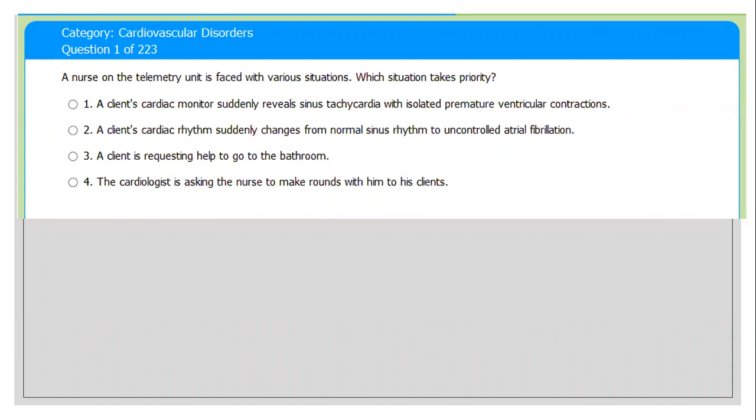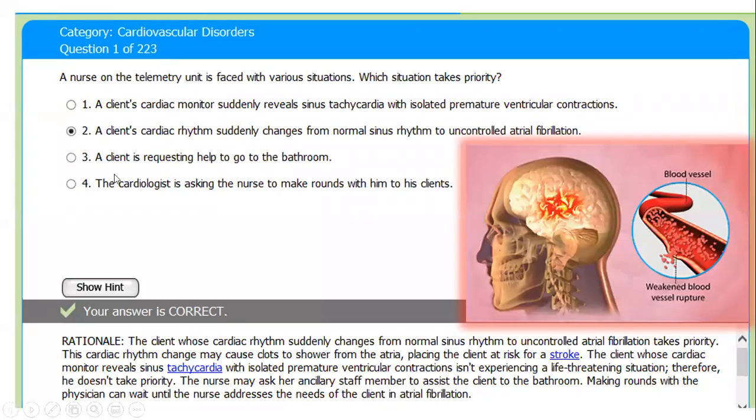What is the normal heart rhythm originating from the SA node? We call it sinus rhythm, and it is normal. But the normal sinus rhythm suddenly changes to uncontrolled atrial fibrillation.